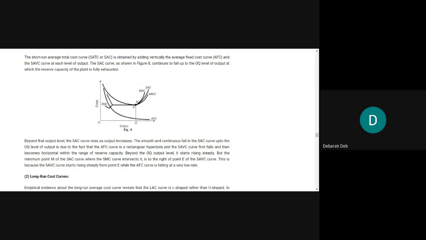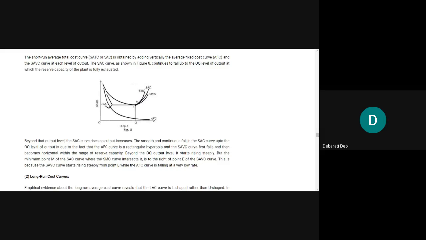You can see on the graph, zoom it and see how it has been drawn, and draw the same thing in your copy. This is happening because the SAVC curve starts rising steeply from point E, while the AFC curve is falling at a very low rate. Same reason we did it in the traditional theory of cost also.